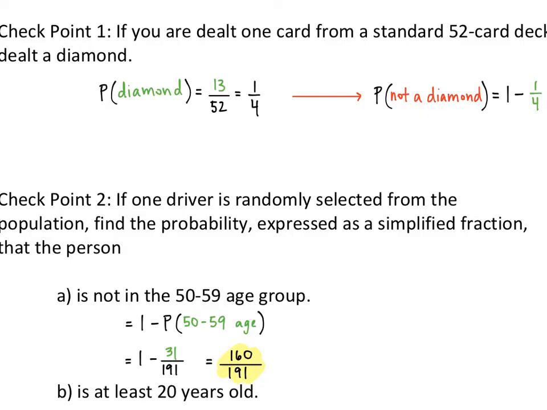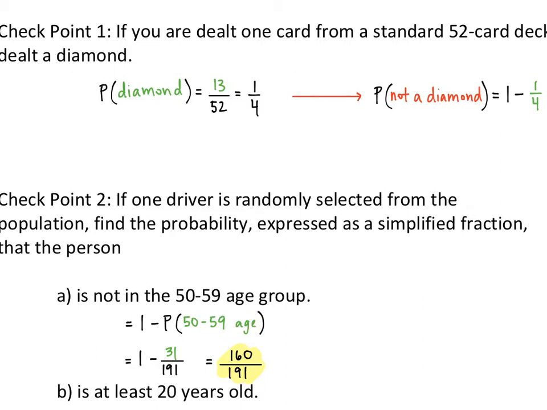So for part A, we wanted to find the probability, and it does say expressed as a simplified fraction, all right, that the person is not in the 50 to 59 age group. Well, in this case, it's probably easier to see how many people are in that age group. So if I want to know the probability of not being in that age group, I'm going to take 1 and subtract the probability of being in that actual age group.